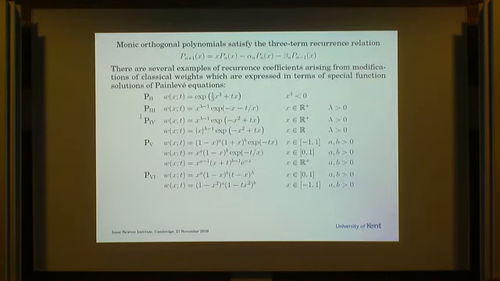In particular, if you look at these monic orthogonal polynomials in the general case, I've listed some weights here whose recurrence coefficients can be expressed in terms of the special function solutions of Painlevé equations. This one is in terms of Airy, Bessel, parabolic cylinder, you'll see this later. These are all in terms of confluent hypergeometric, and these in terms of the hypergeometric.